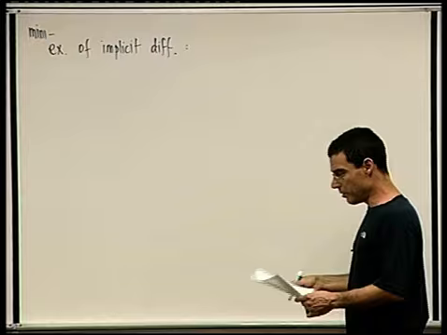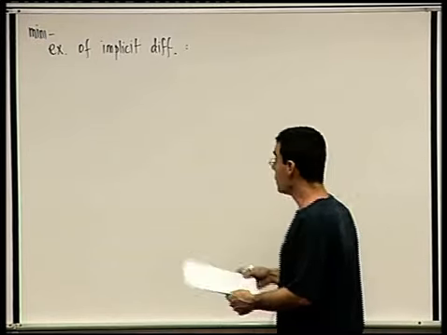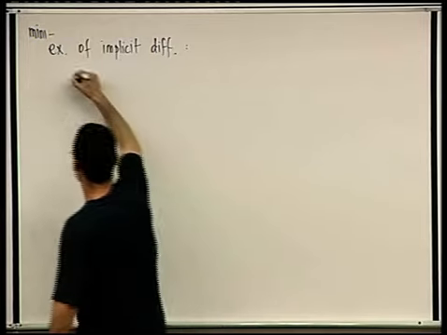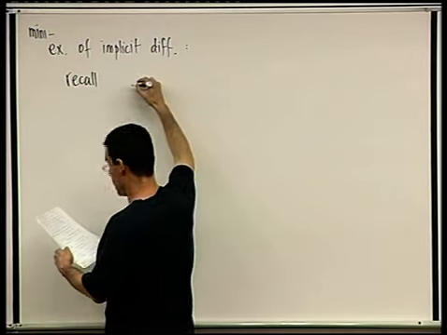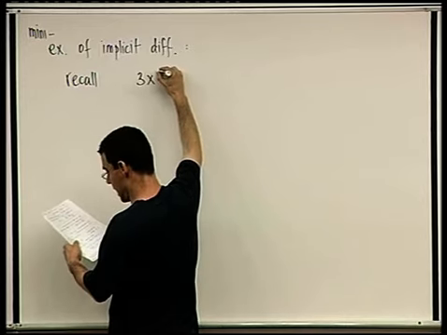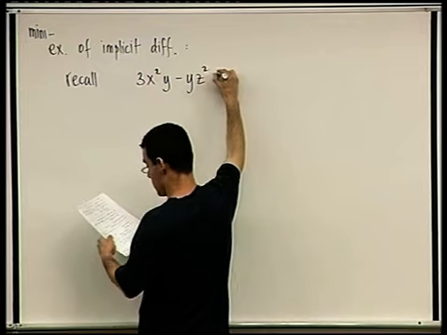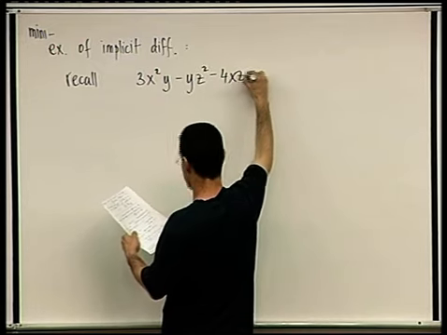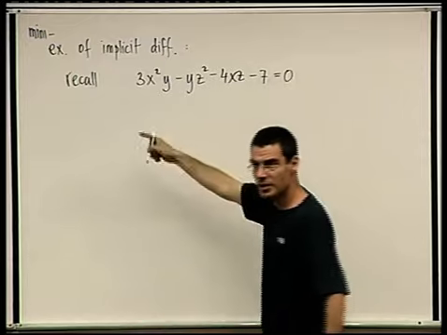So I want to remind you of one example that we had previously. We had, recall, the equation 3x squared y minus yz squared minus 4xz minus 7 equals 0. Remember we had this example?